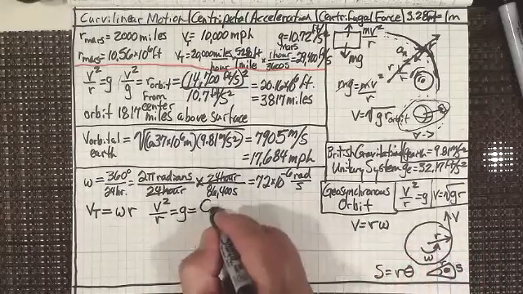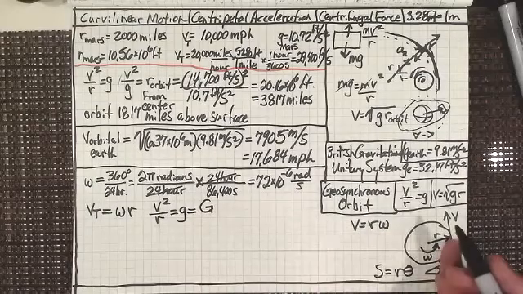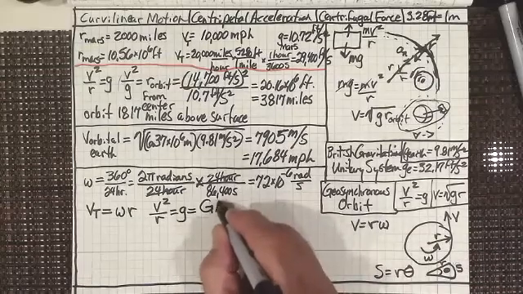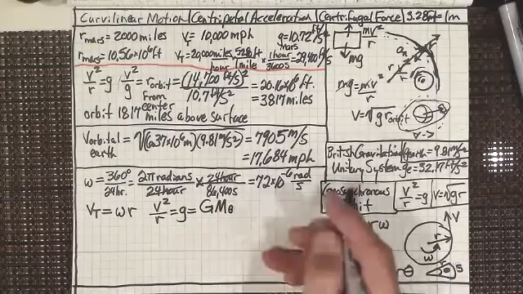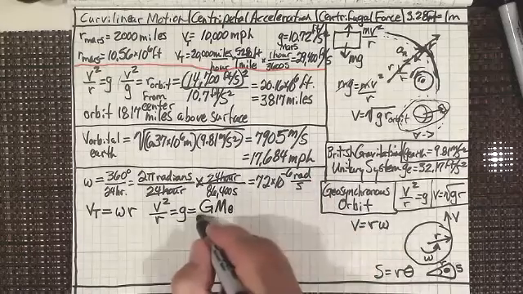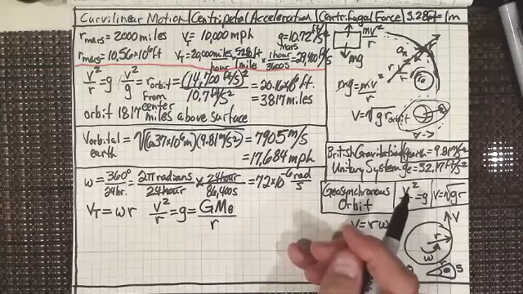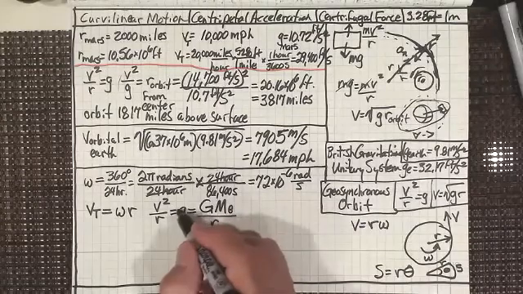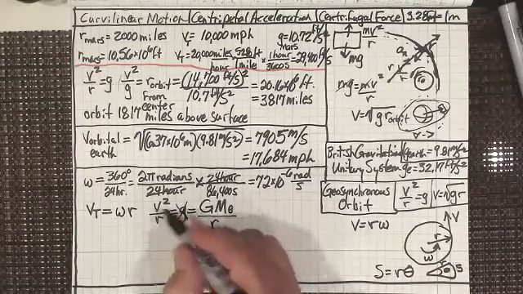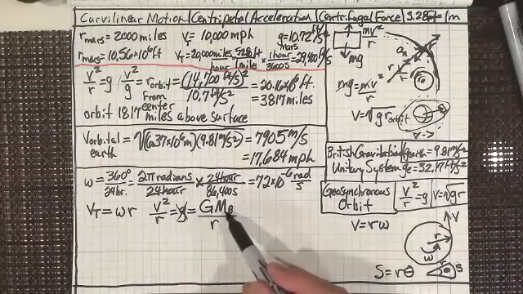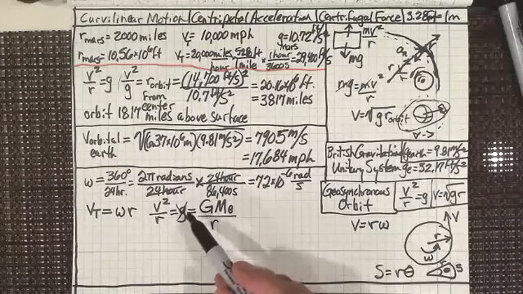G is Newton's gravitational constant, 6.67 times 10 to the minus 11, times the mass of the Earth divided by the distance between the center of the Earth and the satellite. So forget this. Let's just equate this to this. If I equate this to this, what do I get?